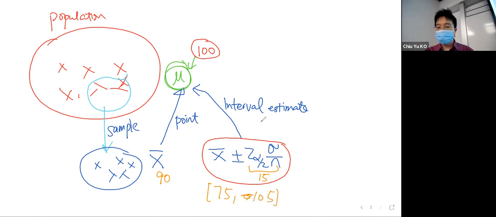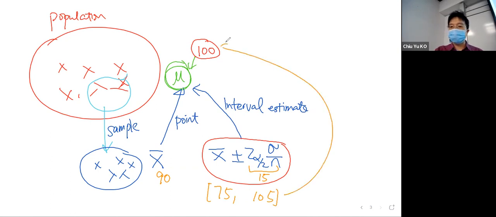That is your guess. In that case, we see that our data is supporting this claim. It's not contradicting this claim, because 100 is still within the range that we try to guess. So this is supported.